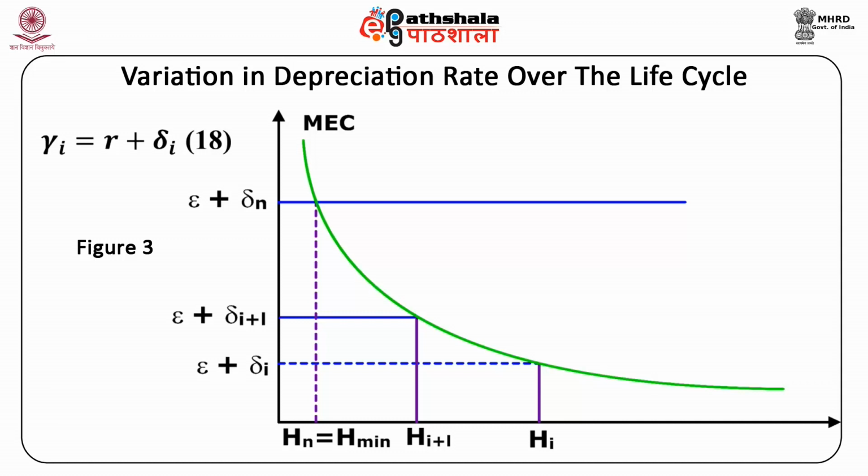As shown in figure 3, the amount of decrease in optimal stock is positively related to the elasticity of the MEC curve. The decrease in stock of health over the life cycle is measured by differentiating equation 18 with respect to age.